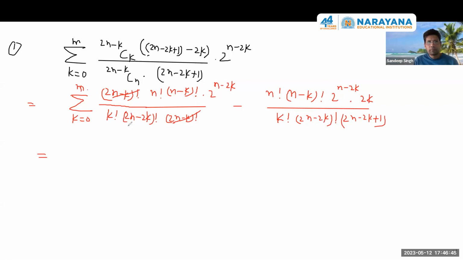Yes. This whole, how will you express this whole? Tell me better. 2n minus 2k, n and n minus k. The denominator I can write as, tell me, 2n minus 2k. What else? Yes. 2n minus 2k Ck, something like that.